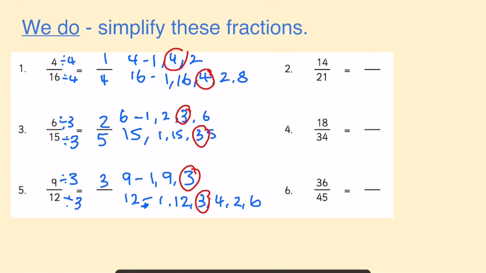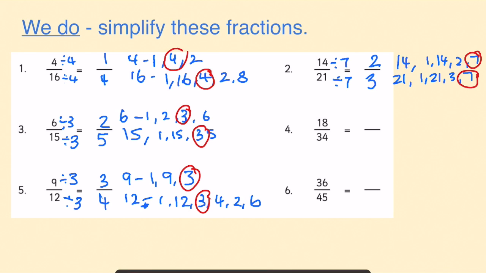And 12 divided by 3 is 4. 14's factors are 1, 14, 2, and 7. 21's factors are 1, 21, 3, and 7. The highest common factor they share is 7. So dividing both of those by 7 gives me the fraction 2/3.